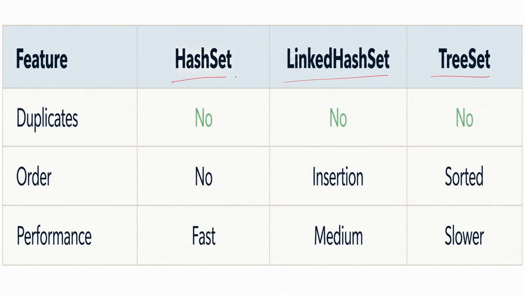So the first point is duplicates. No for all, since they are all implementing the set interface. So no duplicates are allowed in all the 3 implementation classes, that is HashSet, LinkedHashSet and TreeSet. And ordering, that is insertion order, is only provided for LinkedHashSet.